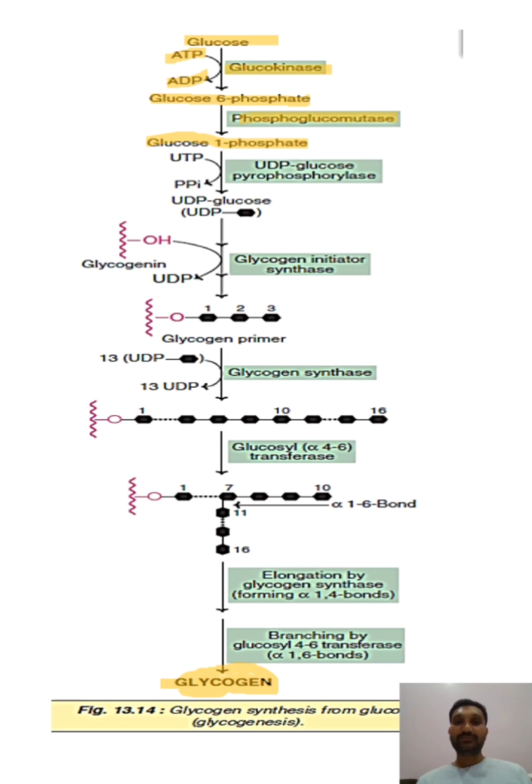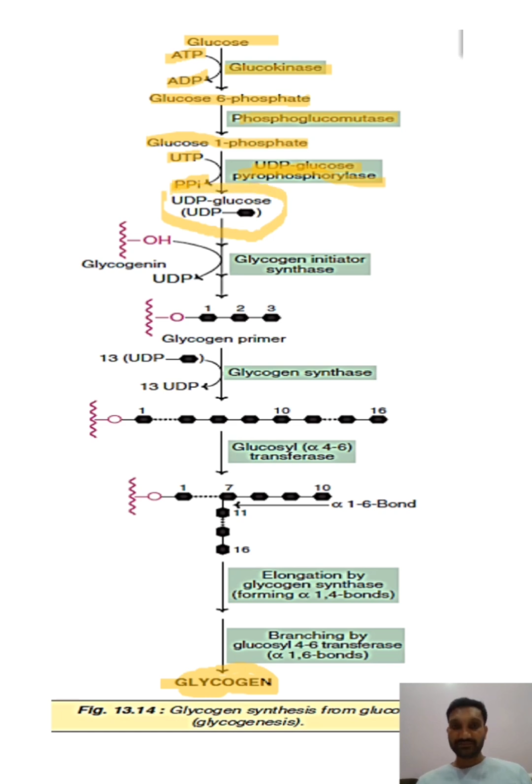So next step, as we know, ATP and UTP are essential for the process of glycogenesis. The UTP comes and is hydrolyzed to pyrophosphate, PPi. Here the enzyme UDP glucose pyrophosphorylase forms UDP glucose, the uridine diphosphate glucose molecule.